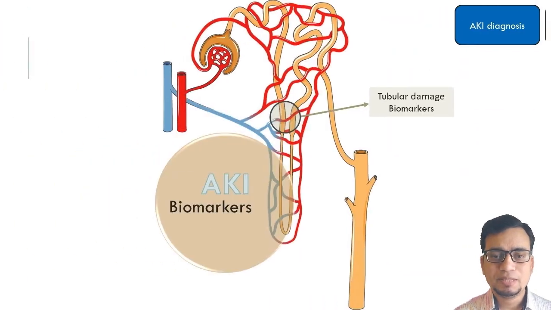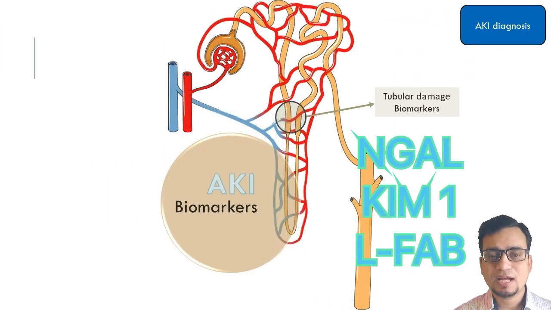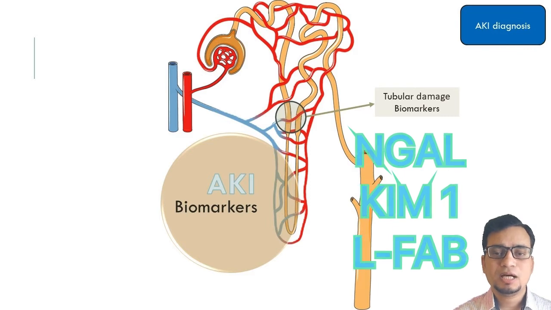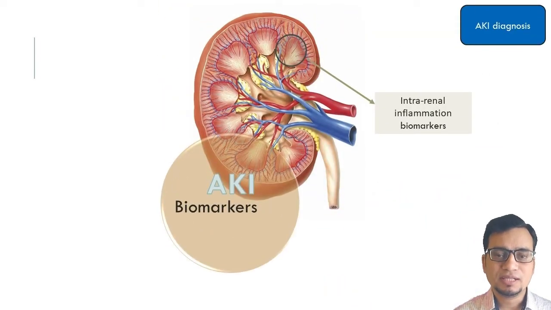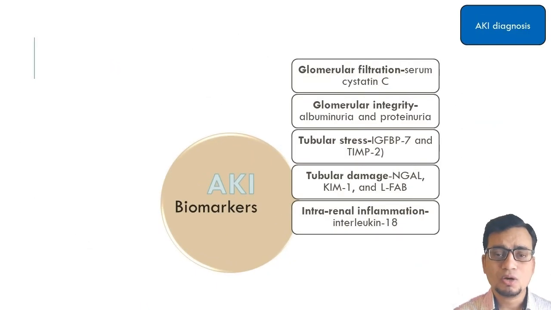Biomarkers of tubular damage are NGAL, KIM-1 and L-FABP. A few of them are predictive of intrarenal inflammation, like IL-18. These biomarkers can provide a plethora of information regarding the underlying etiology and indicate different stages of the pathophysiological processes involved in AKI, from injury to recovery.